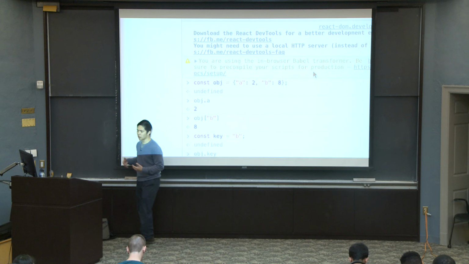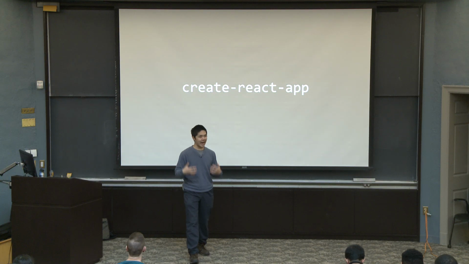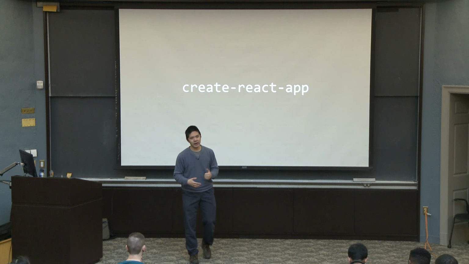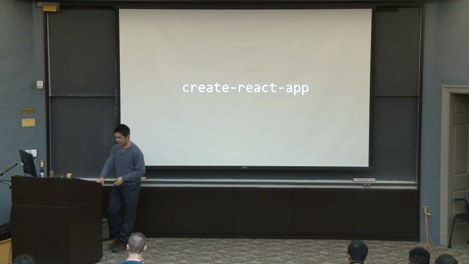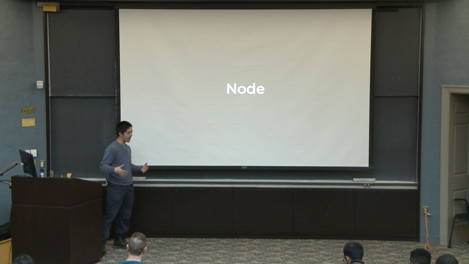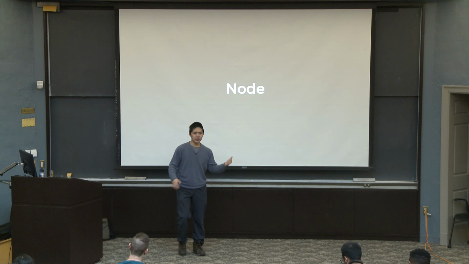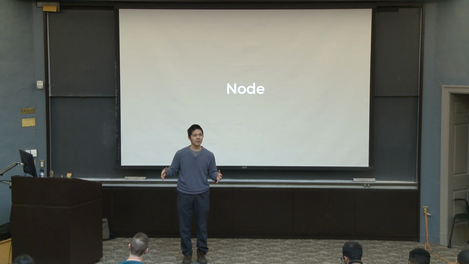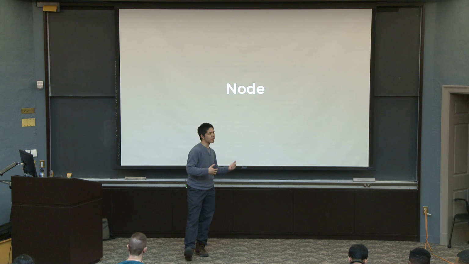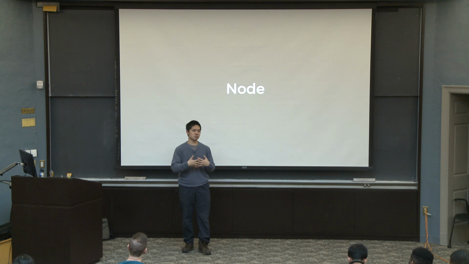There are a number of tools for being able to do this, but perhaps the most common and most popular is a special program created by Facebook called Create React App. In order to use Create React App, you'll need to install something called Node or Node.js onto your computer. Node.js is just what's called a JavaScript runtime. You can think of it as a way of getting JavaScript code to run just about anywhere.